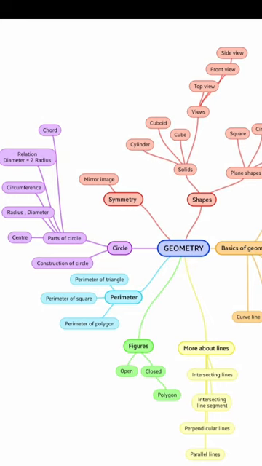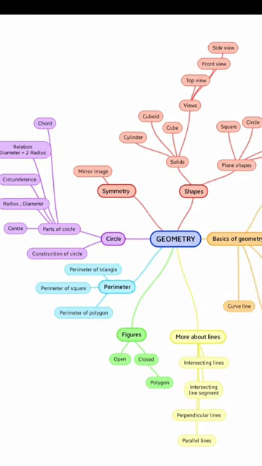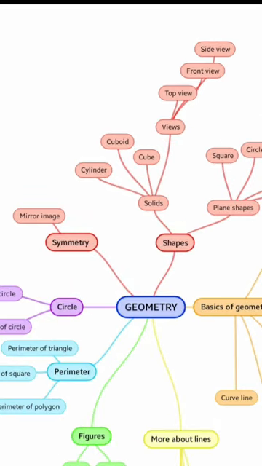This is a very important relation. Next is chord. Then after the chord we will read about symmetry, then the mirror images. Then lastly, shapes, solids, cylinder, cuboid, cube and their views: top view, front view and the side view.